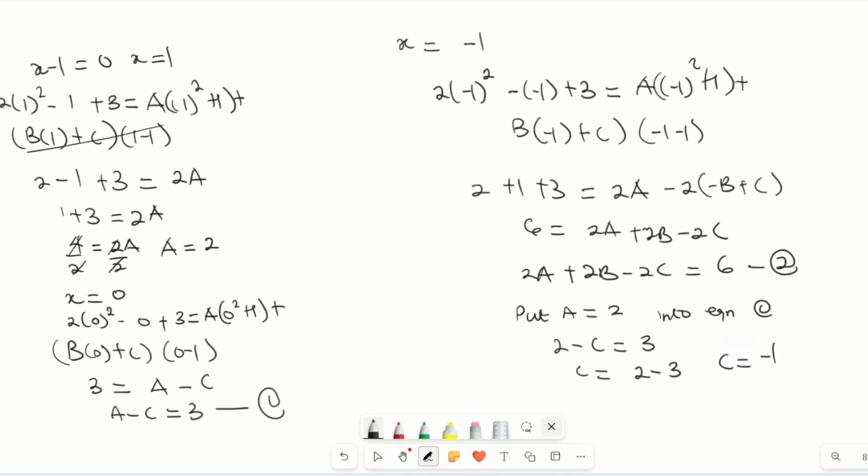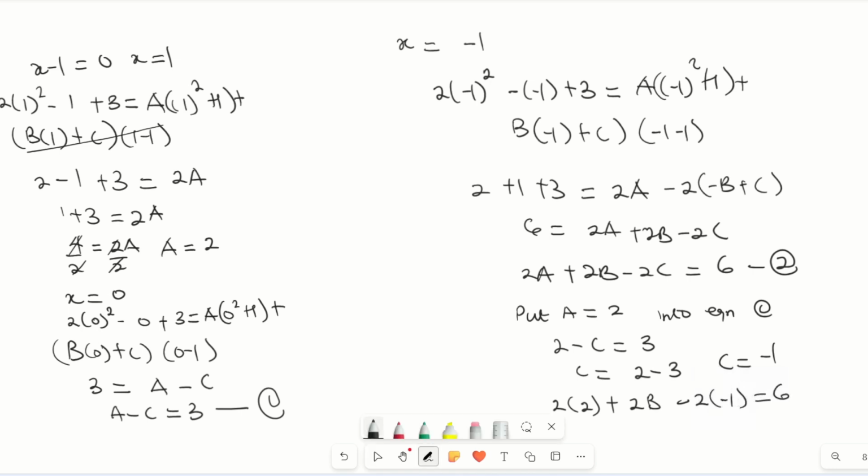So we are also going to substitute our a and our c into equation 2 so that we can get our b. So we have 2 multiplying 2 plus 2 multiplying b, which we are looking for, minus 2 multiplying -1, is equal to 6.